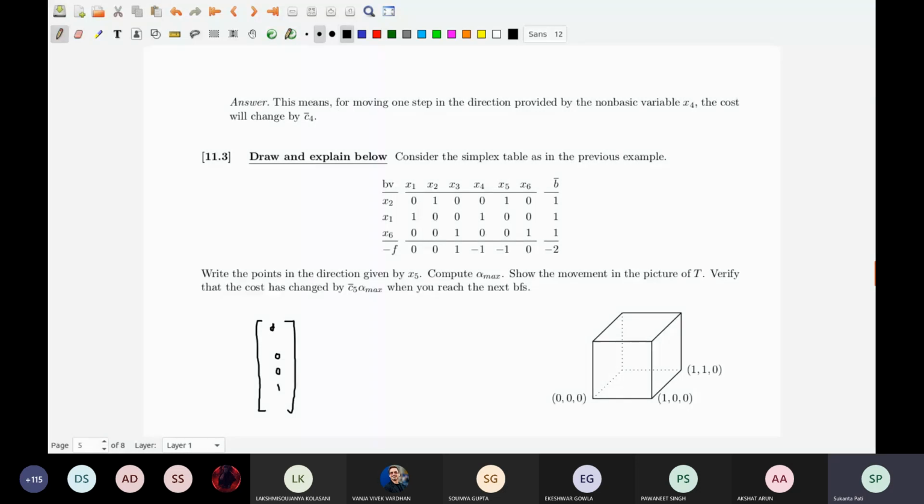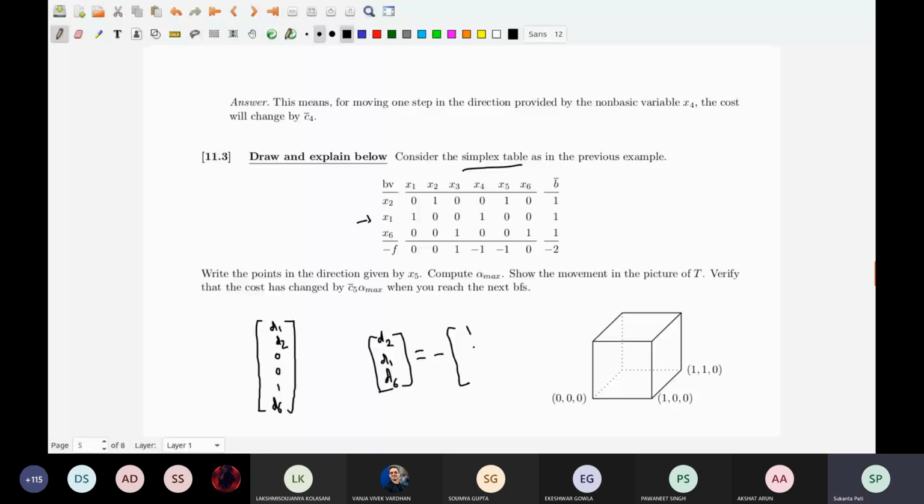They will be given by the basis. Remember what the basis is: x2, x1, x6. This was the simplex table. So d2, d1, d6 will be determined by the negative of the column below the chosen non-basic variable.